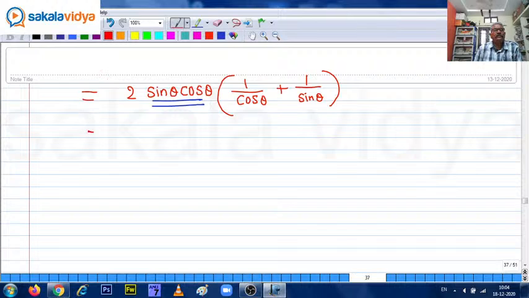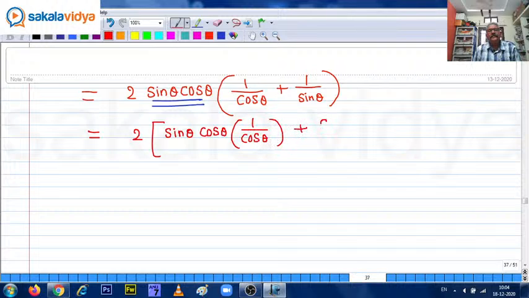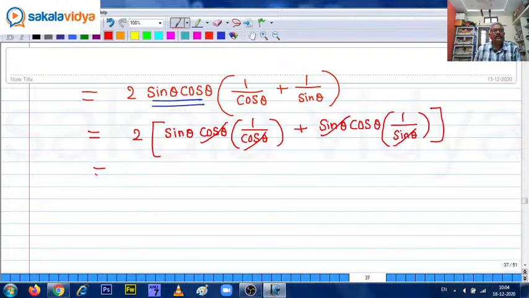What do you get now? 2 times sin theta cos theta multiplied by 1 upon cos theta plus sin theta cos theta multiplied with 1 upon sin theta. See what happens now here. Cos theta gets cancelled. Sin theta gets cancelled. We have 2 times (sin theta plus cos theta).